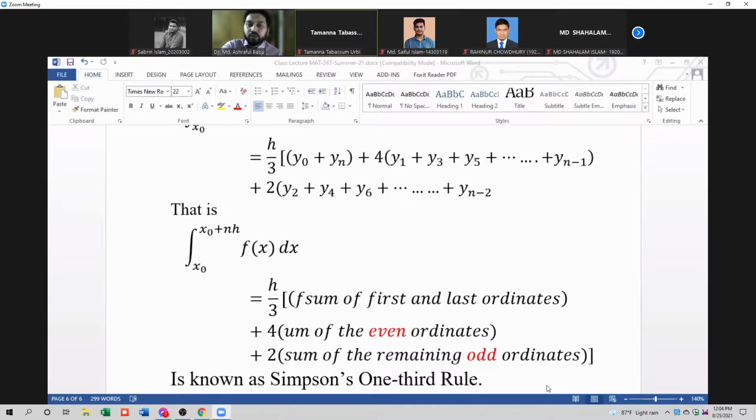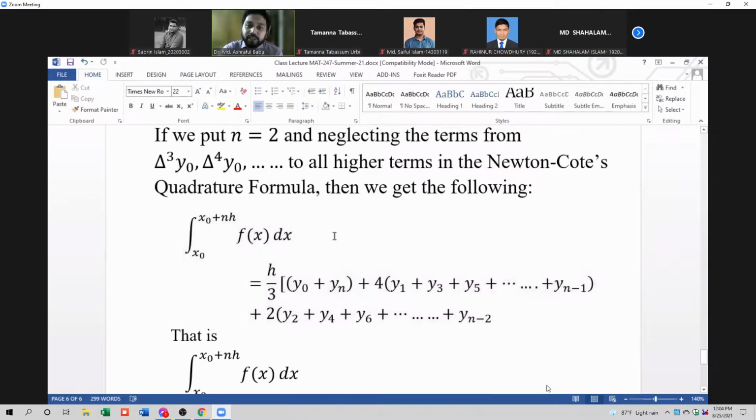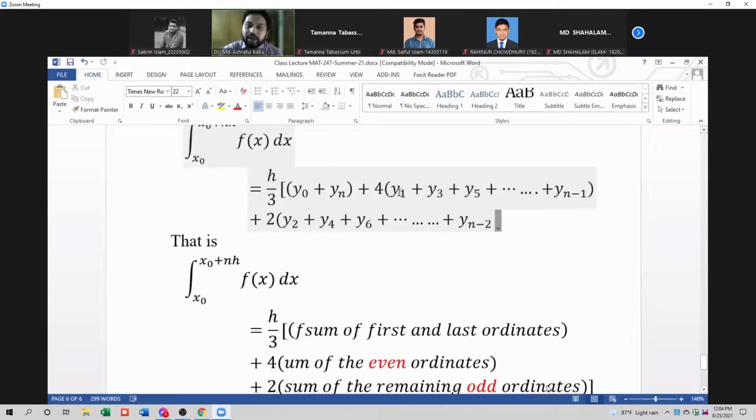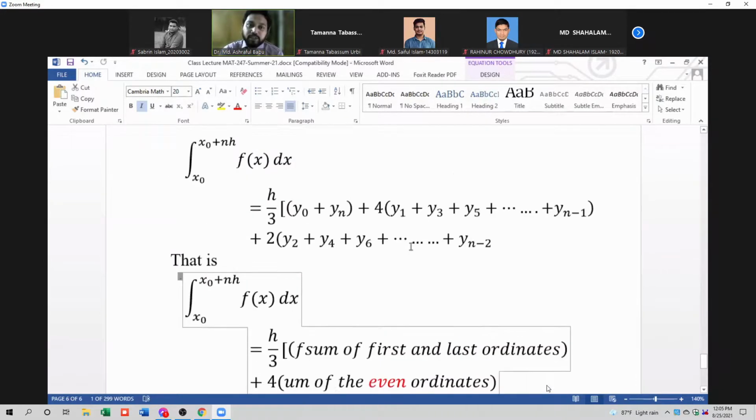If this question is not in your mind, I have a doubt that you really understand. Look at that: the confusion is, I'm writing y1, y3, y5, so how are 1, 3, 5 even, and I'm writing 2, 4, 6, so how are they odd.